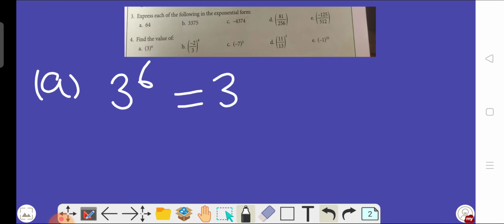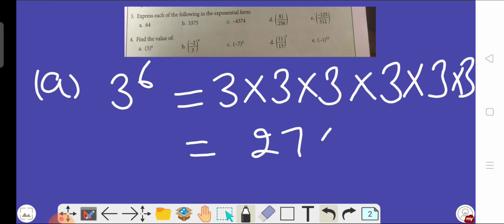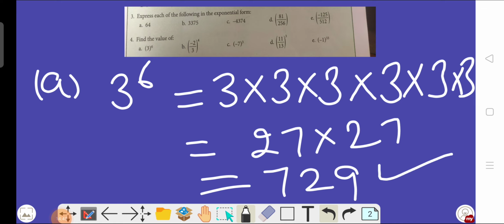It means 3 is multiplied 6 times. Okay. So this is equal to 27 multiplied by 27, and this is equal to 729. So this is the standard form of the given exponential form.